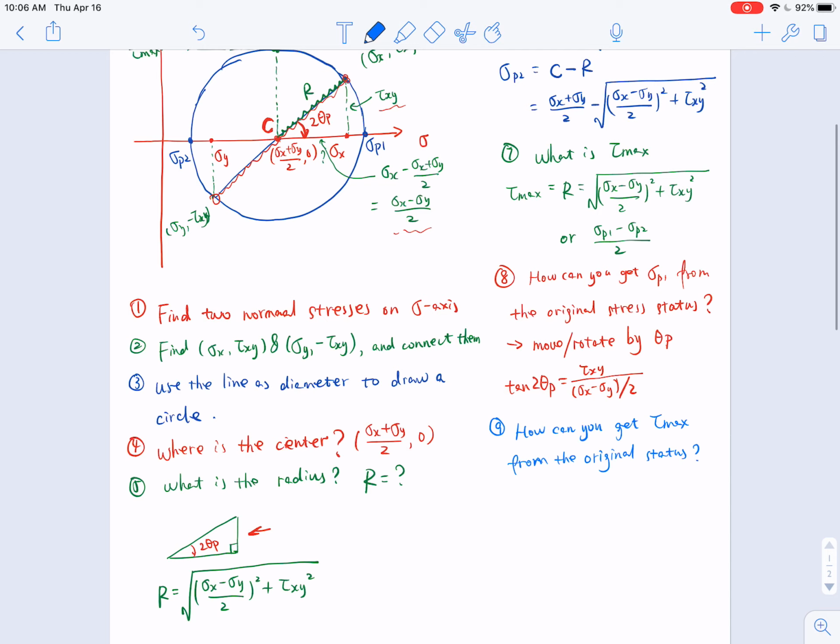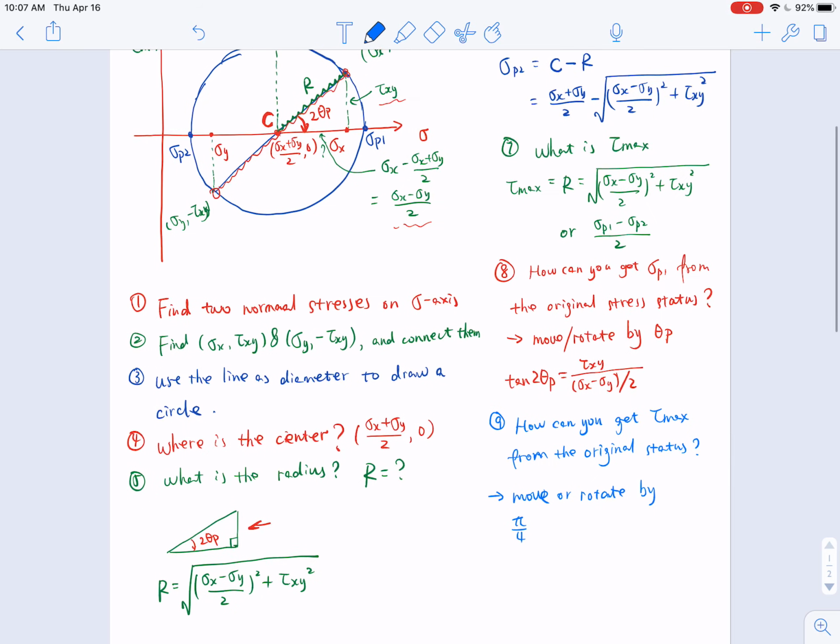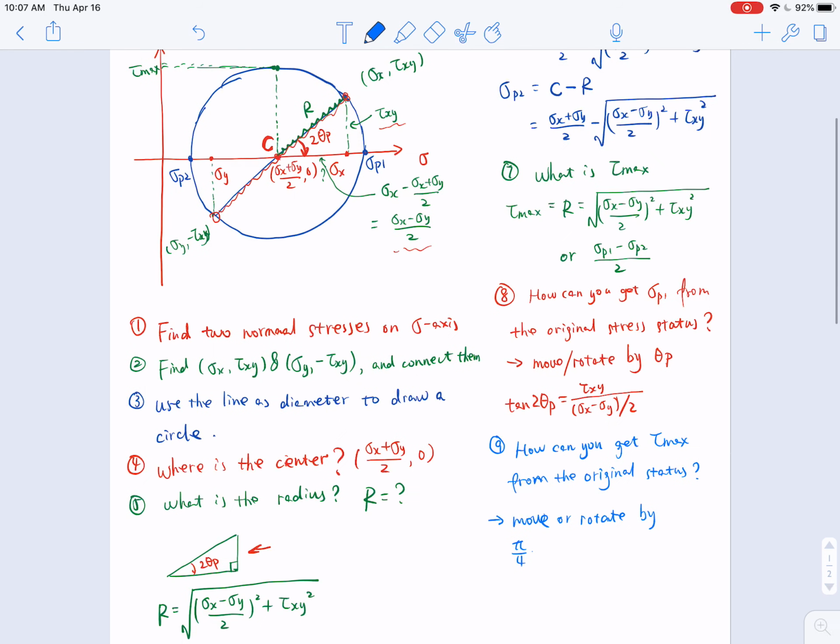From the last lecture, we know that you should move or rotate by pi over 4, or 45 degrees, minus theta p, in the opposite direction.